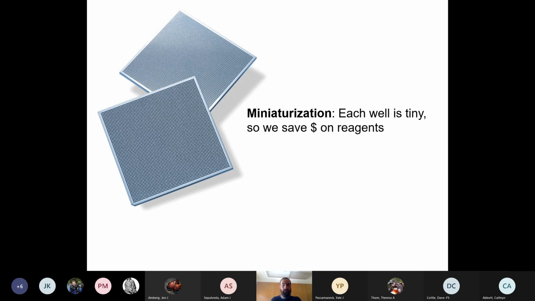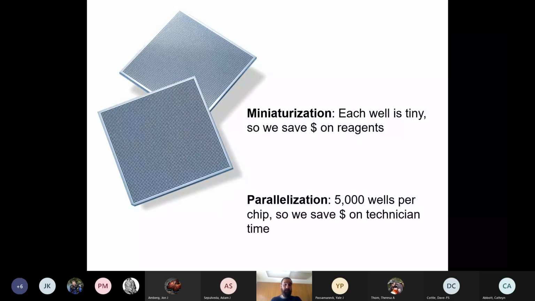So the reason that we go to a high throughput platform is that we save time and money. And the way that we do that is through two mechanisms, miniaturization and parallelization. Miniaturization refers to the fact that because each well is tiny, we don't use as many molecular reagents per reaction. So right there, we save money on expensive molecular reagents. Parallelization refers to the fact that because these wells are so tiny, we can put 5,000 of them on a chip.